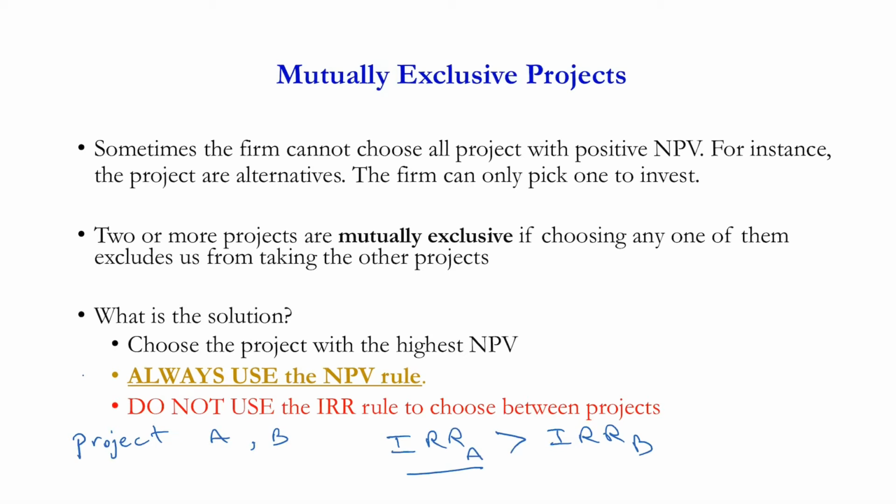We're always going to use our golden rule, which is the NPV rule.